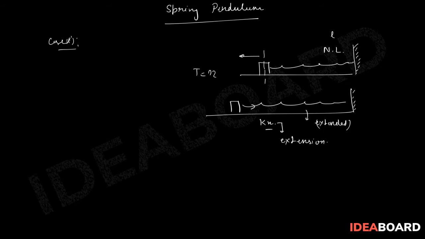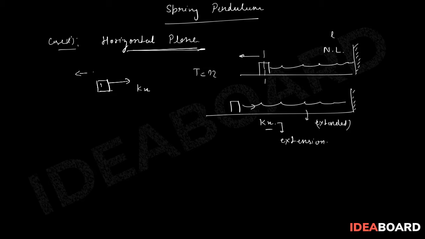This is in horizontal plane. So you can assume that this setup is kept on a table, and then we displace the block. So what will happen here, you need to understand that when you displace this block, so when you draw the FBD of the block, there will be a kx force while particle was going in this way, right?